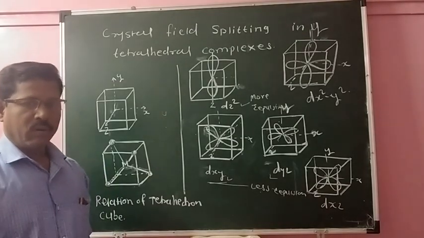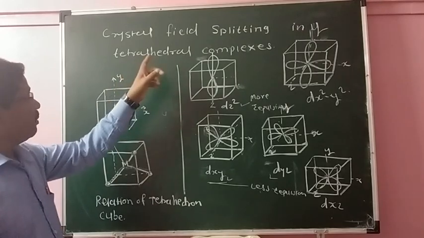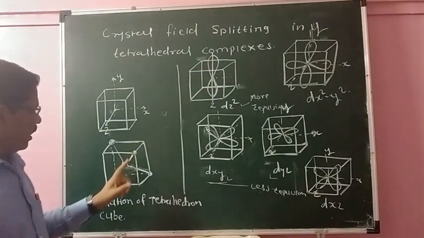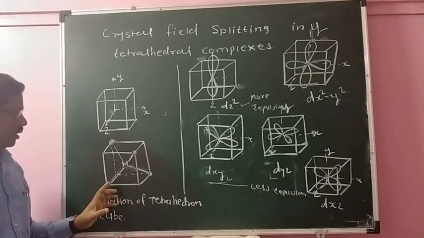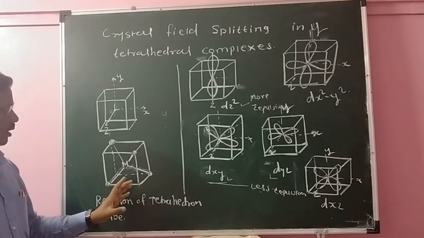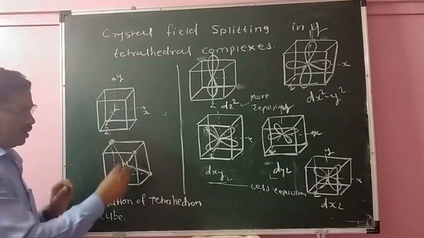Today we are going to talk about crystal field splitting in tetrahedral complexes. The regular tetrahedron is related to a cube. So what is meant by a cube?